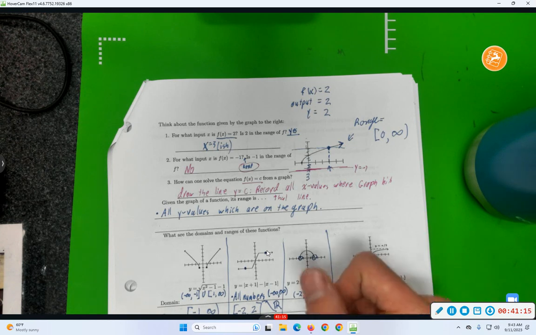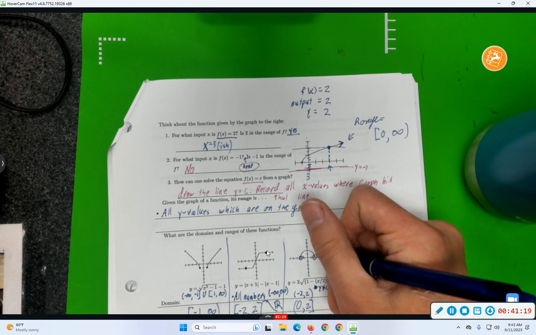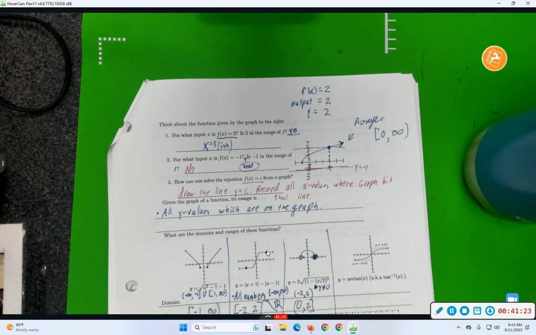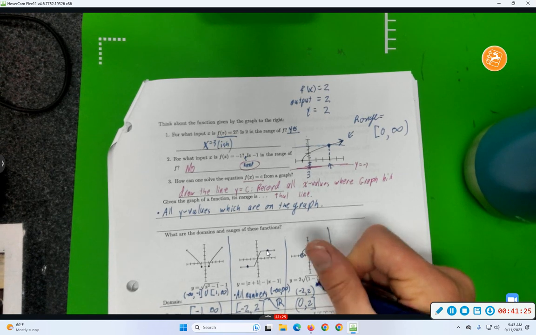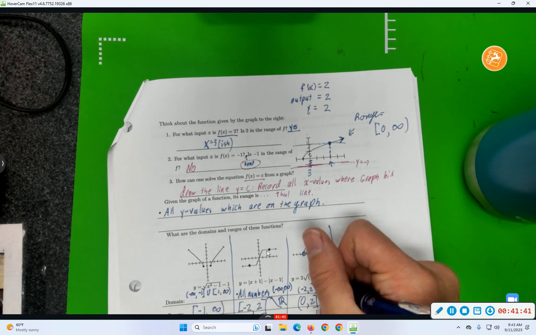Parentheses 0 to 2, close bracket. And maybe just in order to indicate one thing, let's suppose that one was replaced with a solid dot, which would mean that's erased. If that were a solid dot, how would these answers change? Close bracket on positive 2.